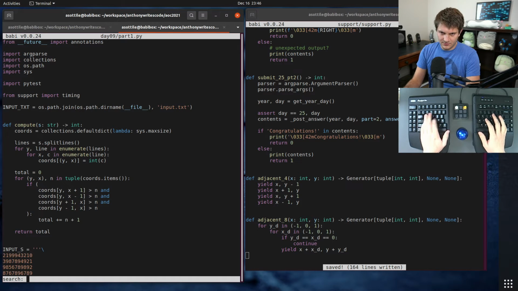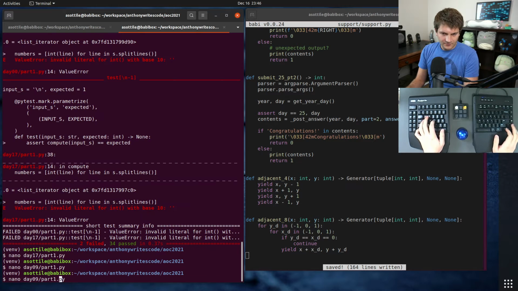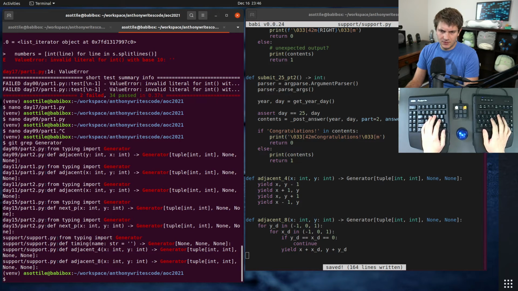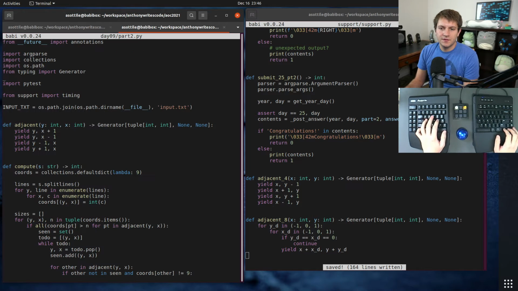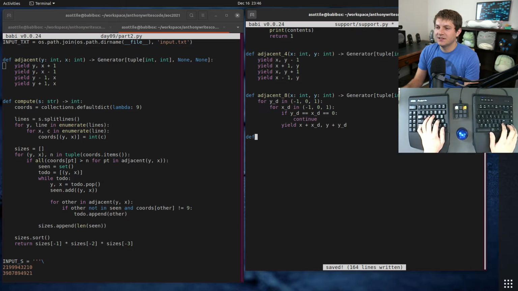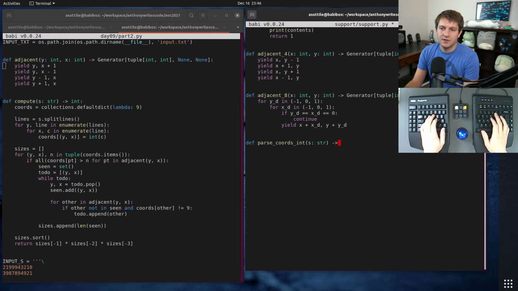Wait. I thought it was that problem. Day 9, part 2. Got it. This is adjacent 4, but in the other direction. Okay, I think we should make a function for this too. Parse coords, int, str to what?